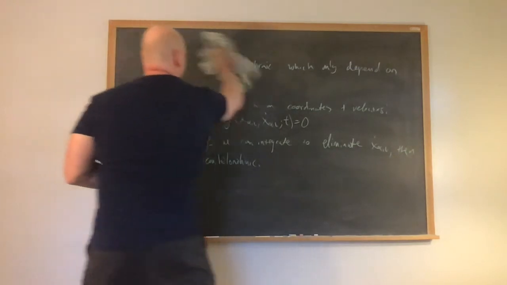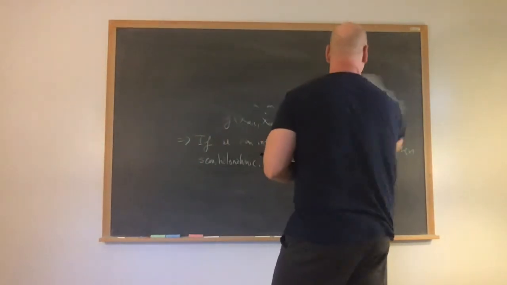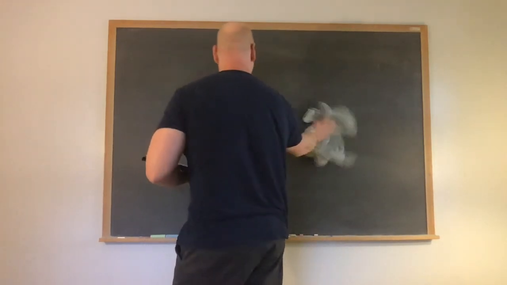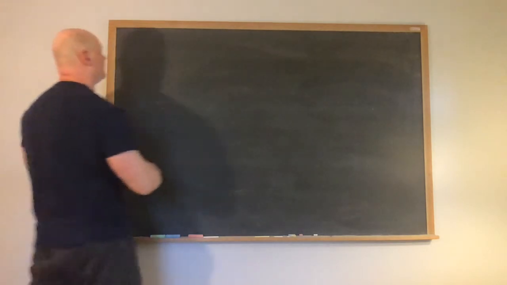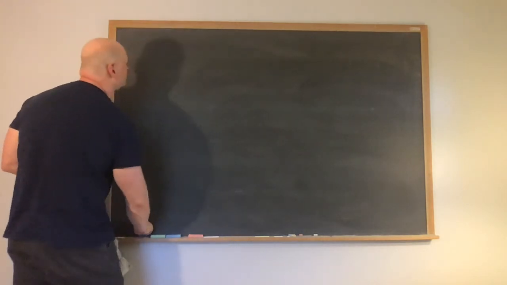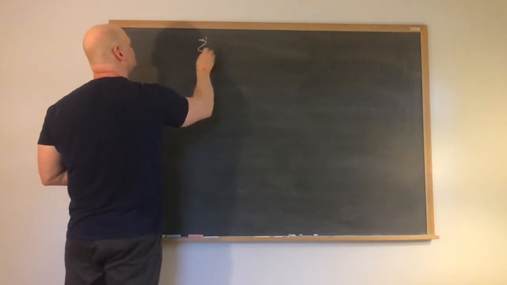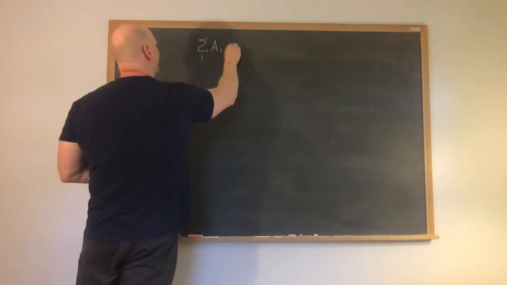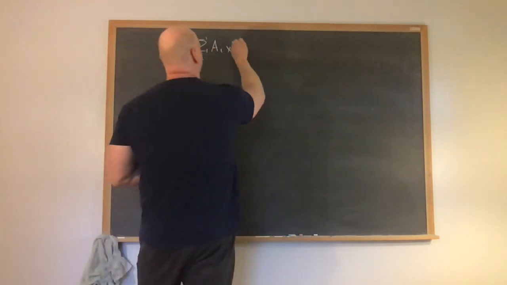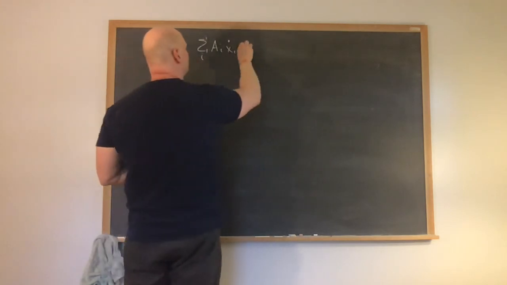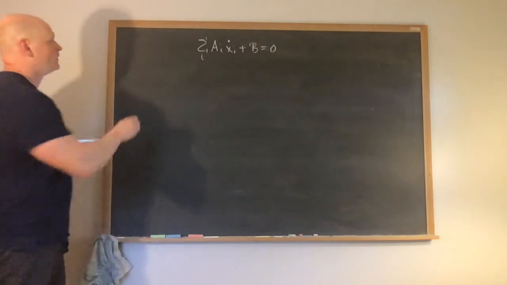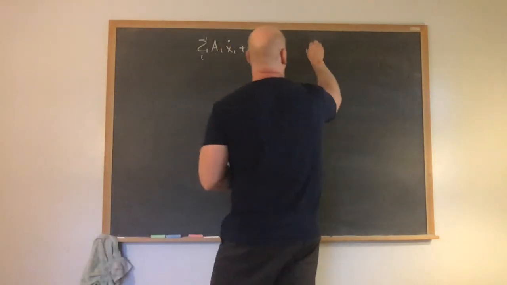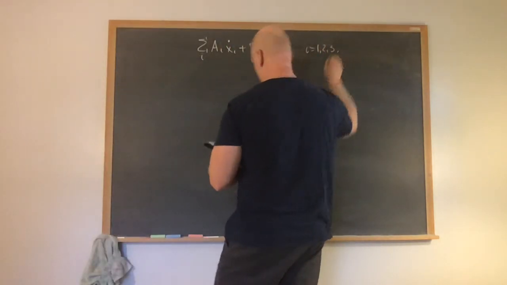A particular version of constraint we'll look at is an algebraic constraint. If we had algebraic constraints, they look something like the sum over i of a_i times x_i dot, so this is the velocity, plus some constant b equal to 0, where i runs from 1, 2, and 3.